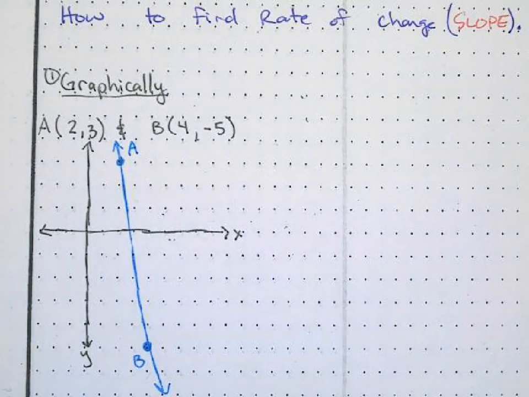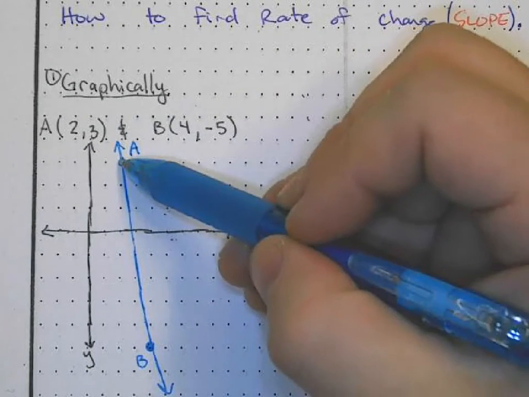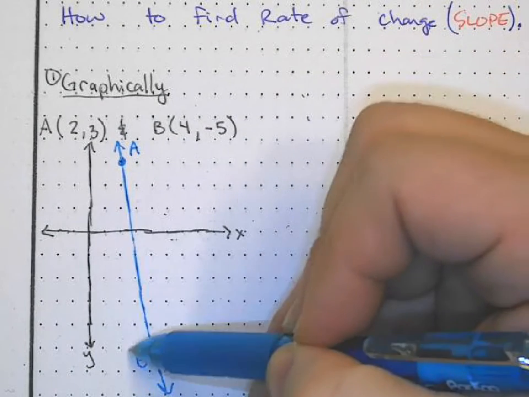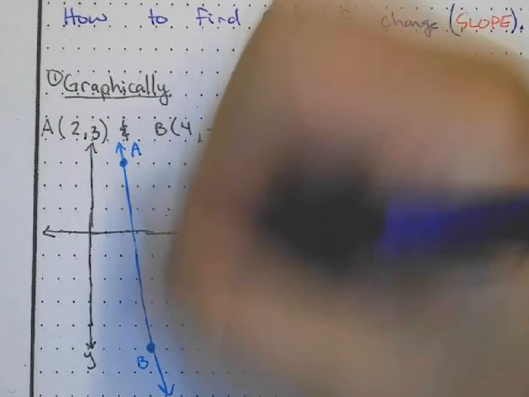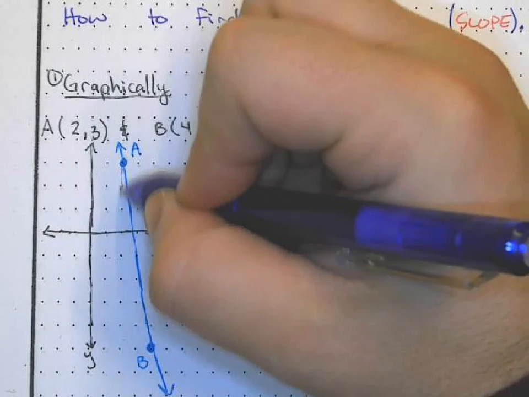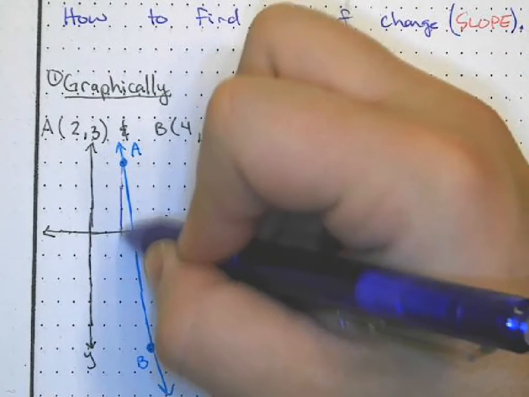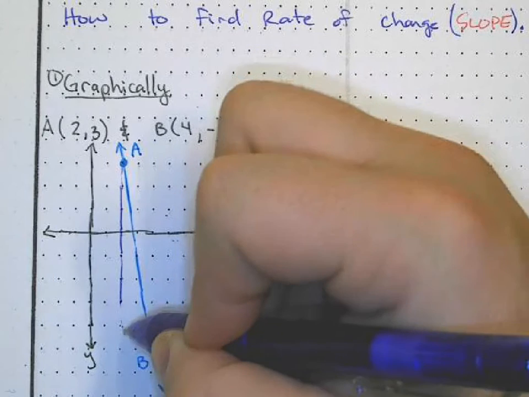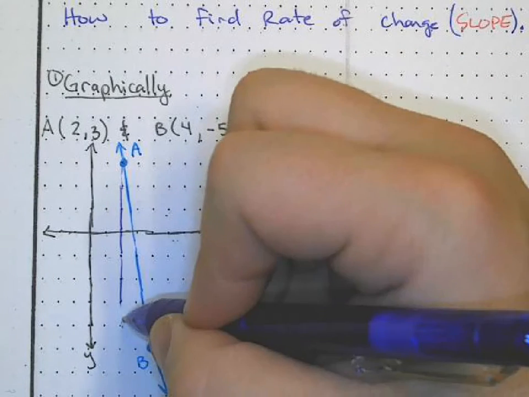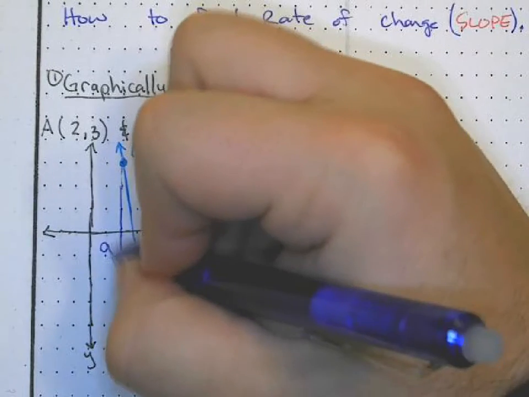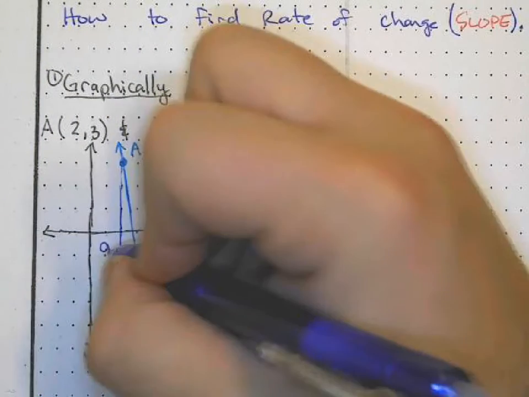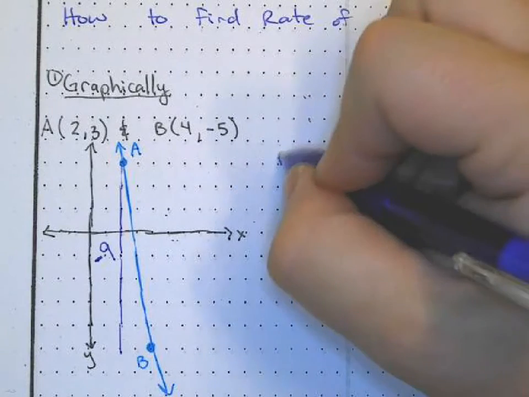Now to find the slope, I'm just going to count my rise, my change as I go down, and then my run. So when I'm counting, I'm just going to count as I go. So I'm going from this point, from A to B. So we'll go 1, 2, 3, 4, 5, 6, 7, 8, 9. So that was a distance of 9. And since I'm going down, it's negative 9.